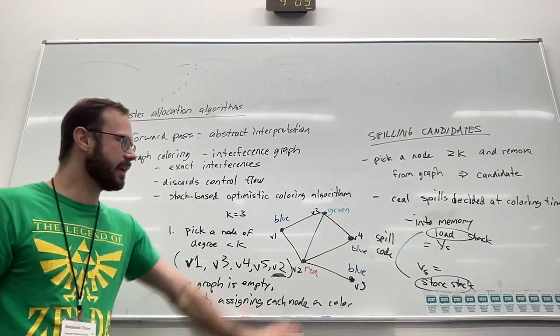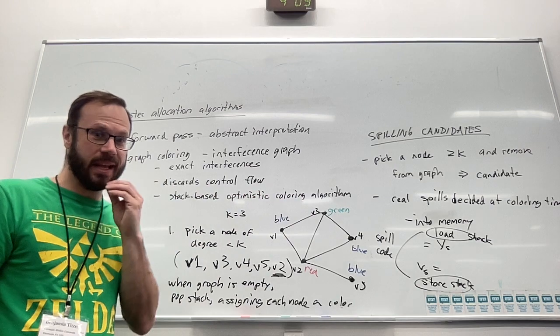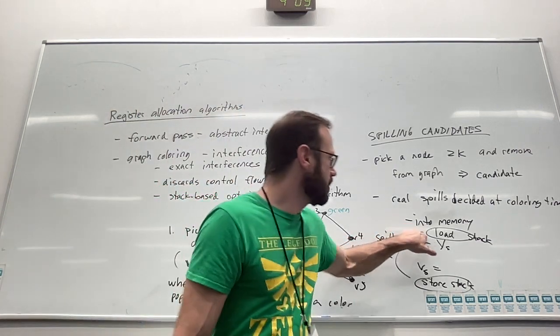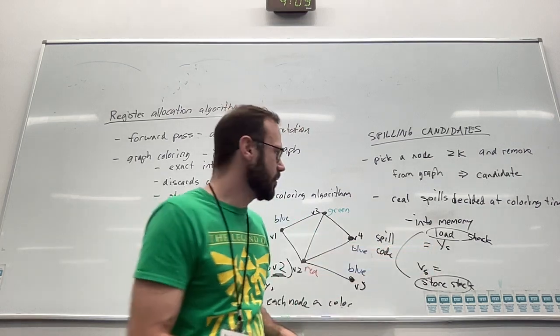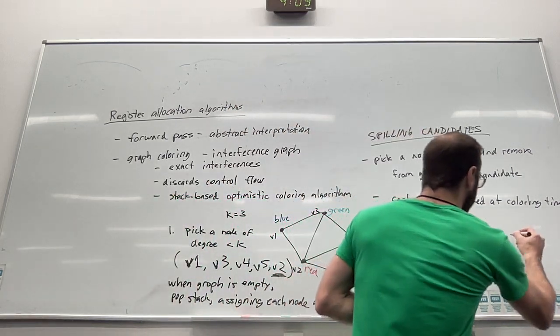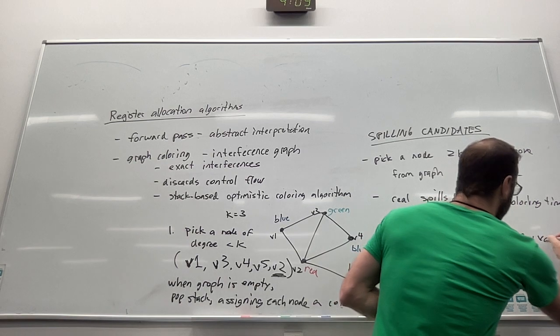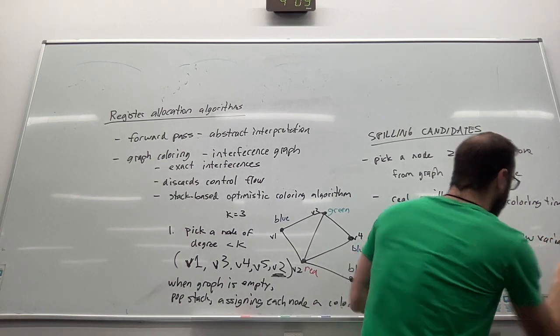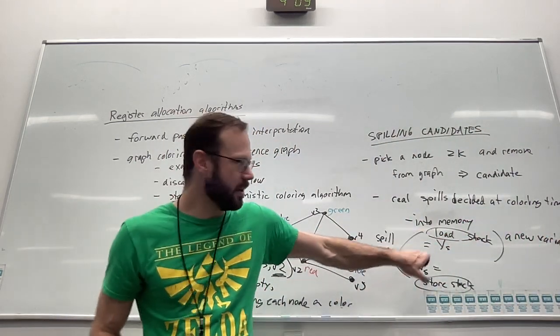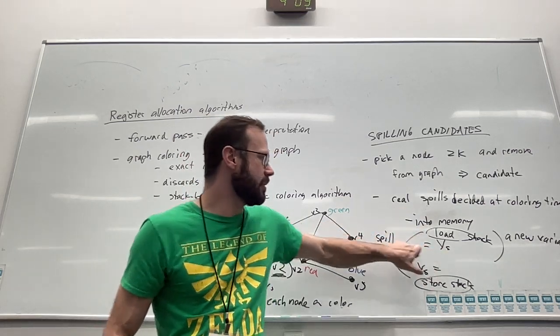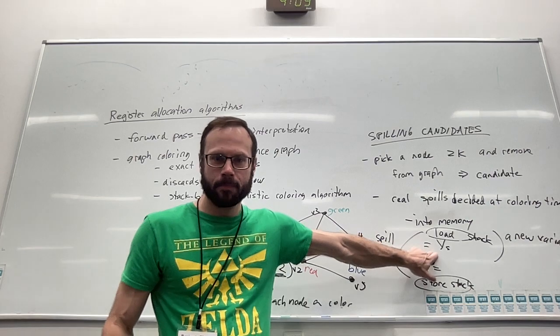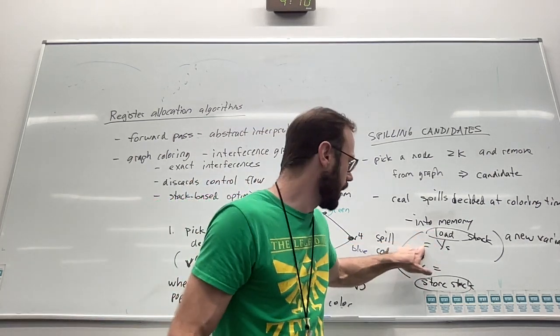Okay, so that means that it actually changes the program, and this load has to load into something that we're going to use. So this is actually like a new variable. It's a new variable with a very small lifetime, right? It's defined by this load, and then it's used once right before the original use in the original program.